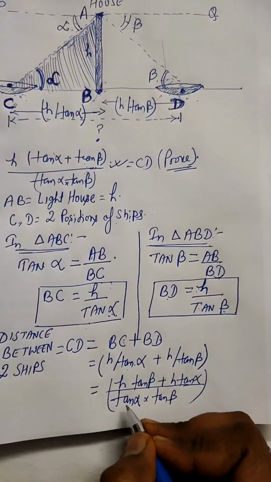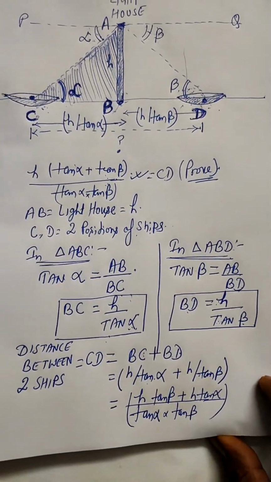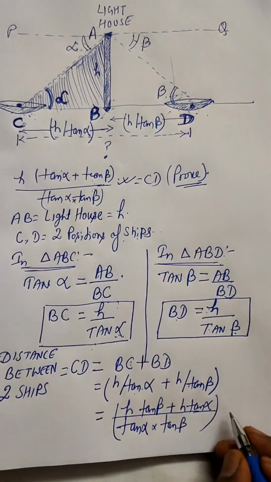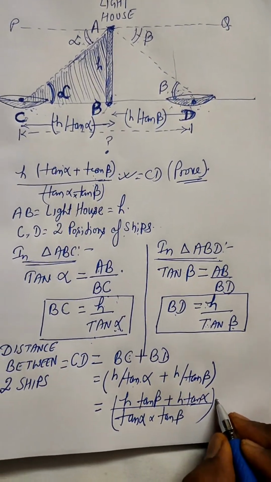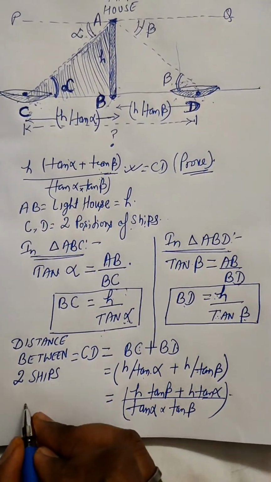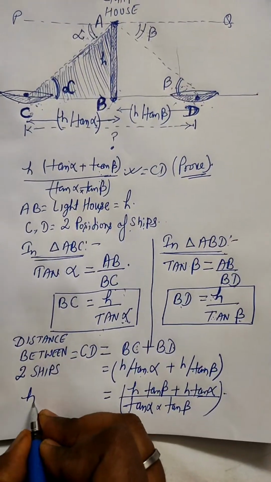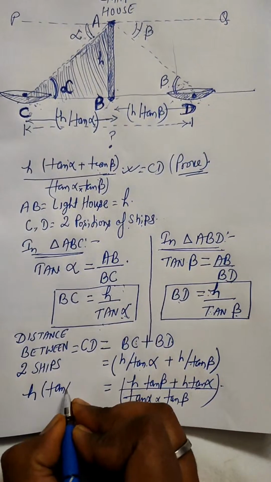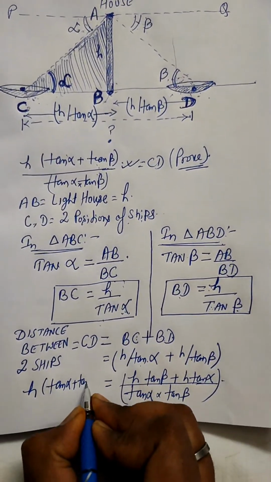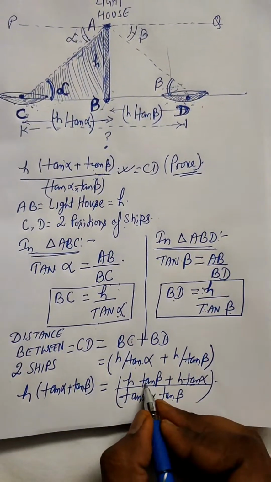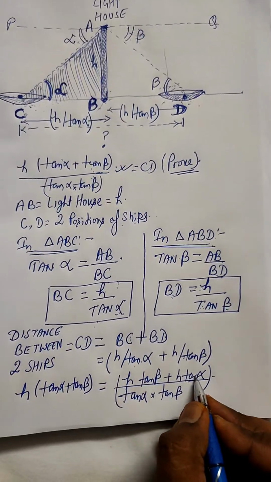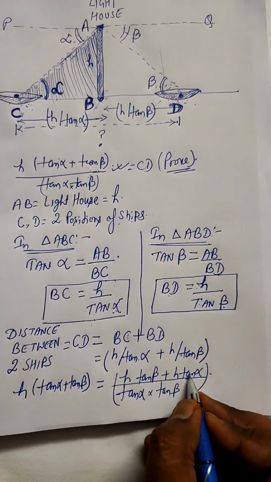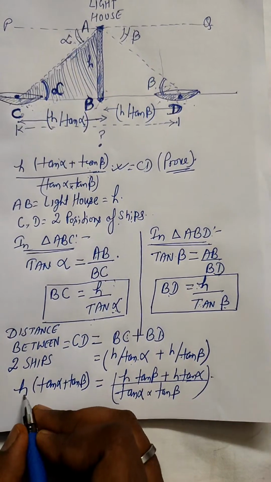Here you can see we have almost proved what was required. Taking H common, the numerator is tan alpha plus tan beta, because tan beta plus tan alpha can be written as tan alpha plus tan beta after taking H common, right?